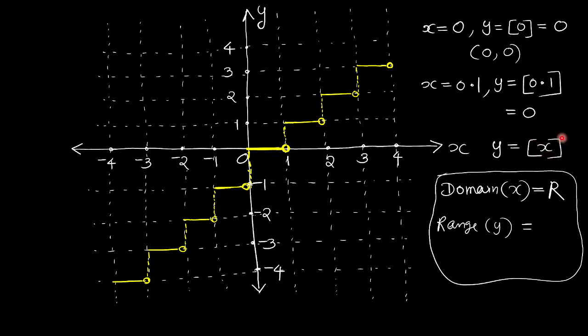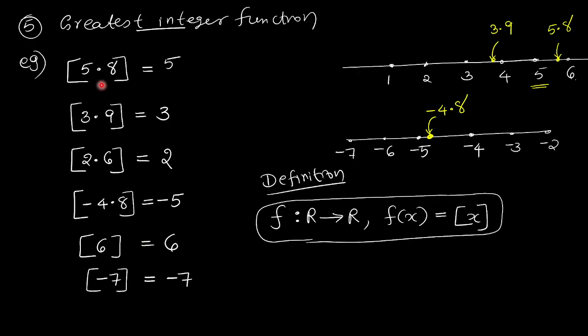If you take the greatest integer value of something, you will always get an integer value. Understood? Whatever may be the number inside the box, once you take the greatest integer value, what kind of number are you getting? Look at the right hand side.